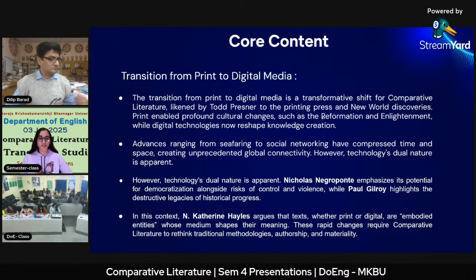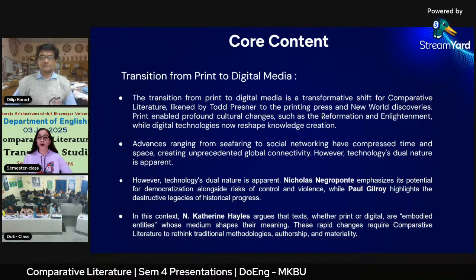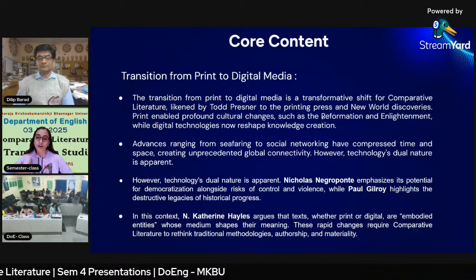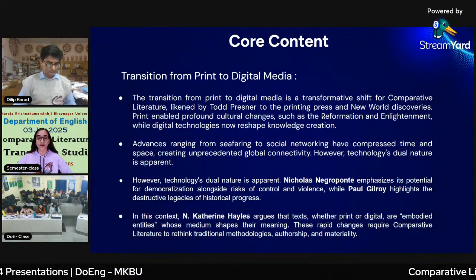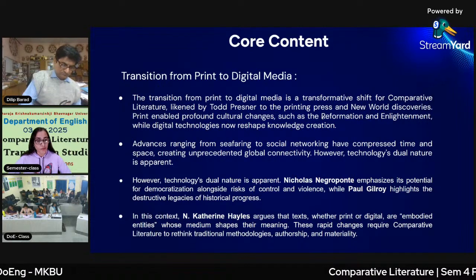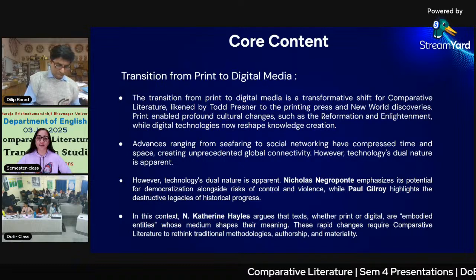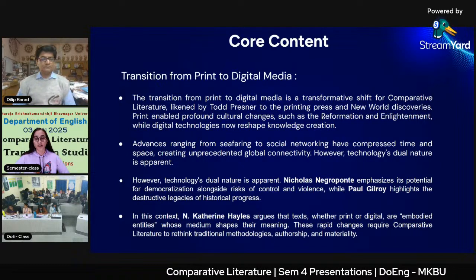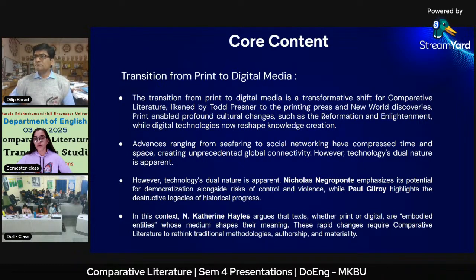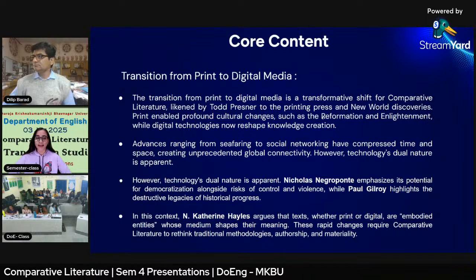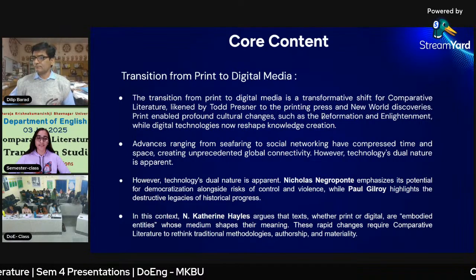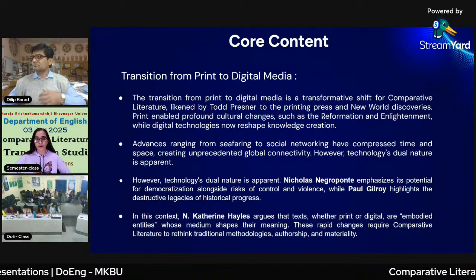However, technology's dual nature appears. Nicholas Negroponte emphasized its potential for democratization alongside the risk of control and violence, while Paul Gilroy highlights the destructive legacy of historical progress.